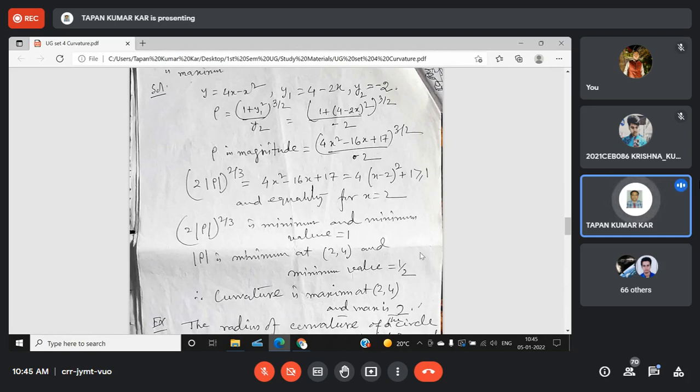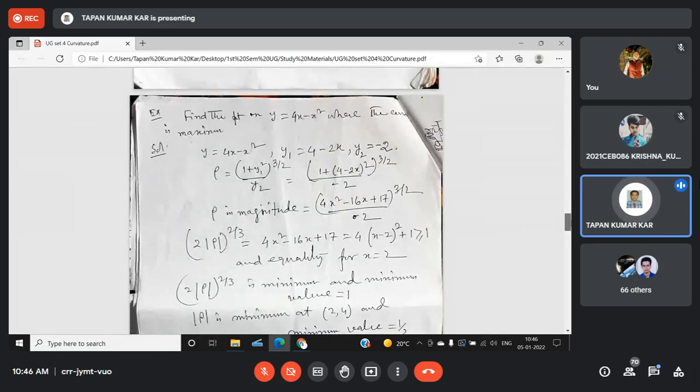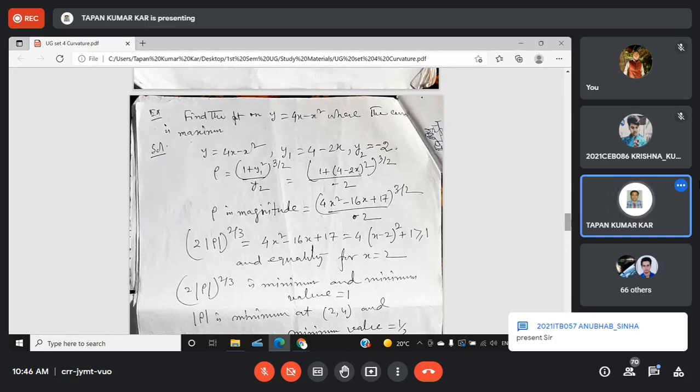If you have any question for this example: curvature and radius of curvature are reciprocal to each other, and here the question is to find the point on y equal to this where the curvature is maximum. But we know the formula for the radius of curvature, so we have determined the radius of curvature where it is minimum. At that minimum point, curvature will be maximum because it is reciprocal to the radius of curvature.